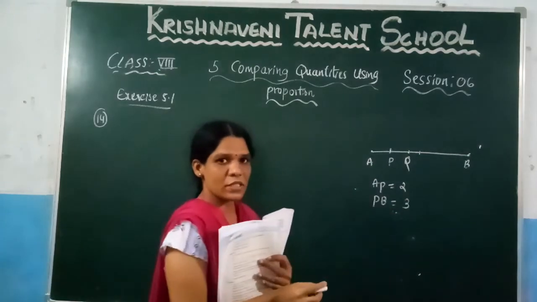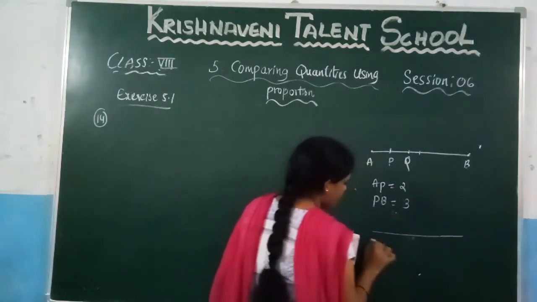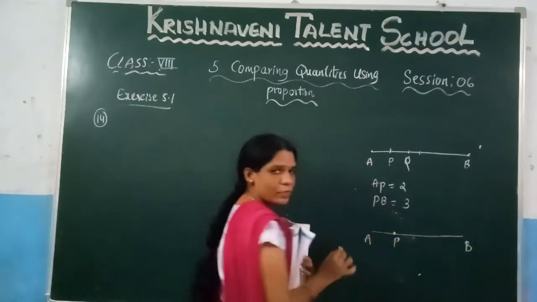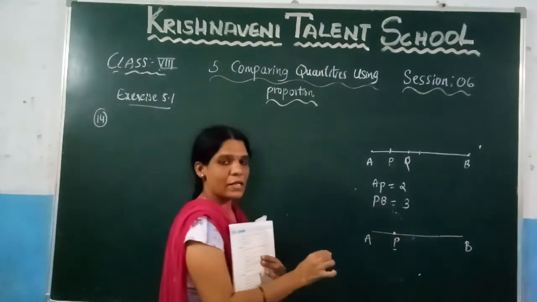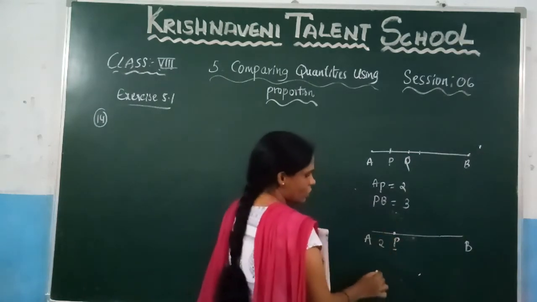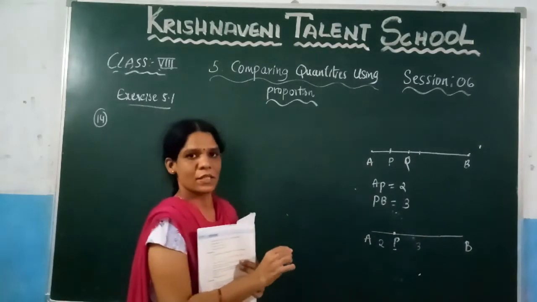That is the meaning of this one. Because if I draw separately like this, this is A and this is B. Consider this point as P. P divides this line segment in the ratio of 2:3. That means this length is 2 and this length is 3. That is the meaning of this statement.